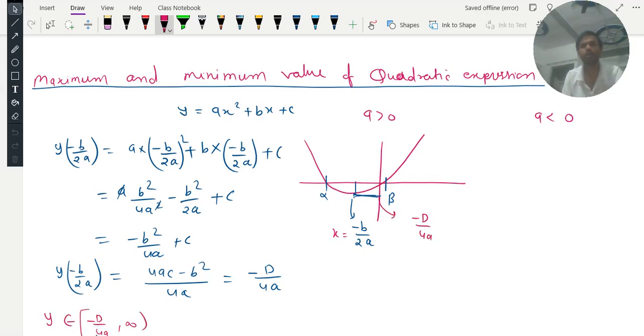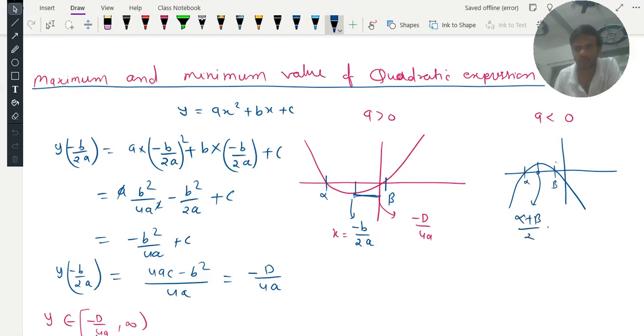When a is less than 0, the graph of this quadratic equation will open downward. So this will represent the maximum value. This is alpha and this is beta, and this value is alpha plus beta divided by 2, which is equal to minus b by 2a. For minus b by 2a we will get minus D upon 4a, and we see by the graph that the whole parabola is below y is equal to minus D upon 4a.